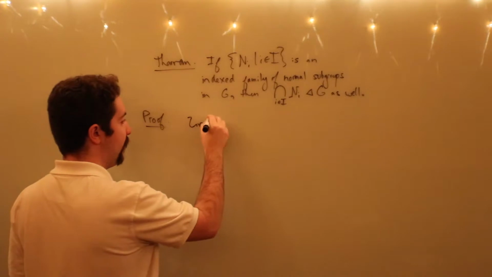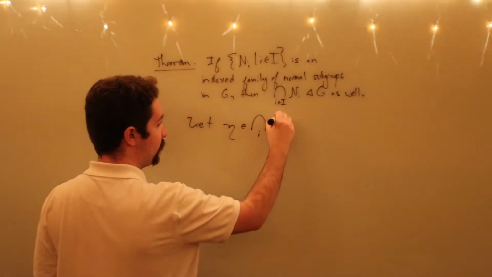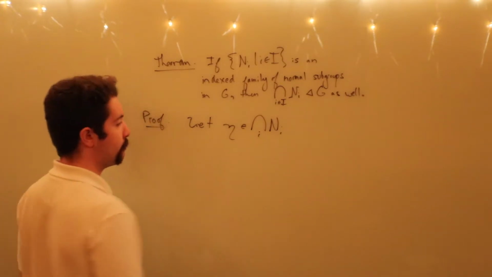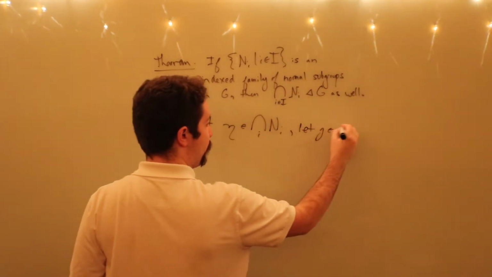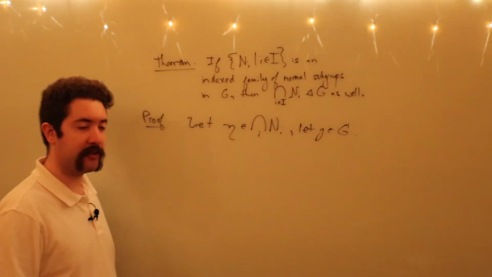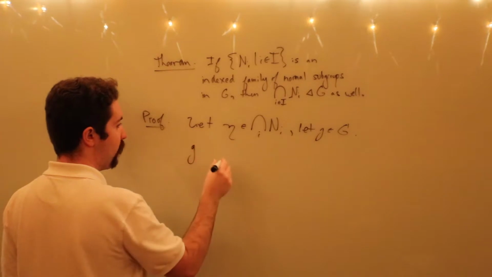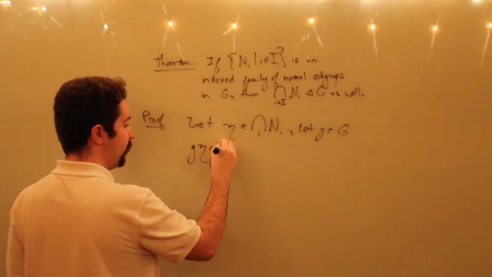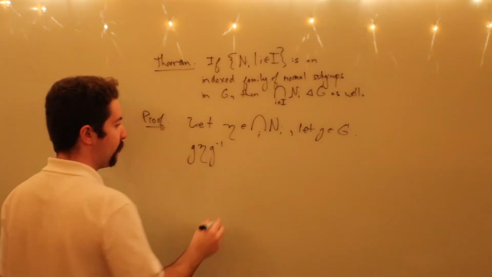So let eta be an element in the intersection of these normal subgroups, and let G be an arbitrary element of the group capital G. Then what we want to find out is if the product G eta G inverse is in this intersection for all G and eta, of course.